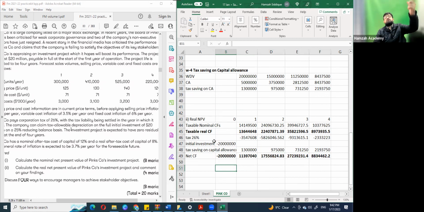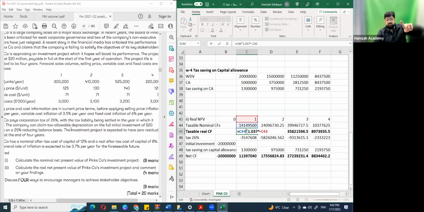So we converted all nominal cash flows into real cash flows first. How? We discounted them using general inflation rate. Then we did all necessary adjustments, and now present value at real cost of capital, which is 8%.